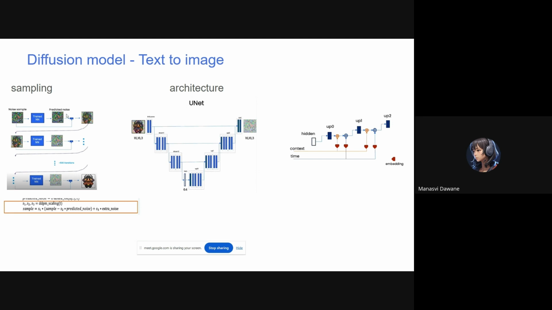Now we take this predicted noise and the original noise and get another image. Basically, the sampling algorithm uses DDPM, the denoising diffusion probabilistic model. It subtracts the predicted noise from the original noise. So here is the formula for it.